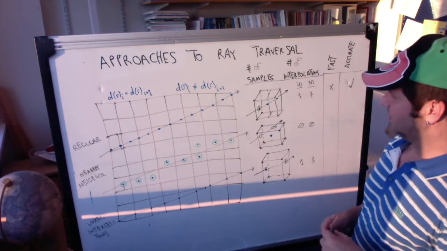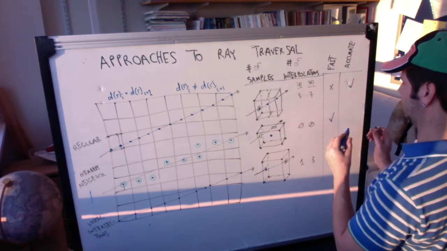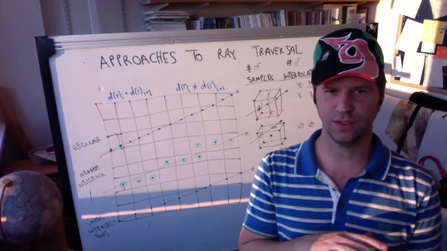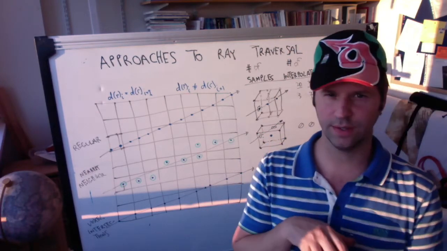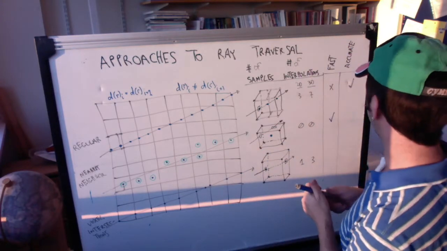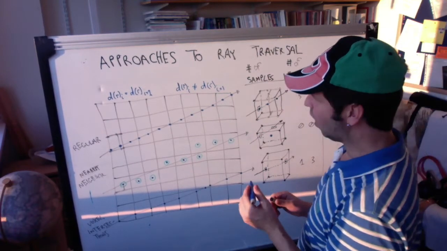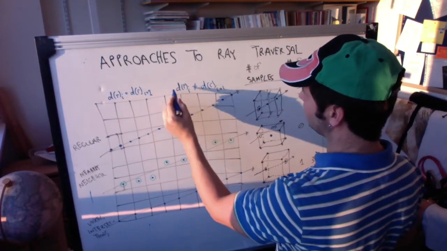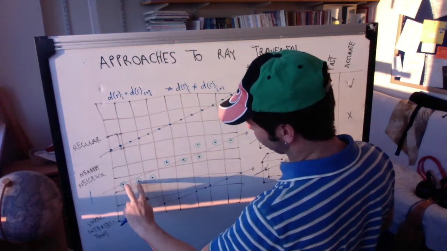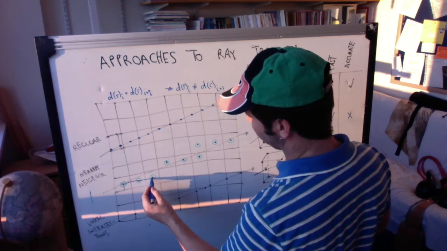Is that fast? Yes, this one is fast, because it requires 0 interpolations, and interpolations are costly, right? They require computation. Is it accurate? No, it's not accurate. Why is that? It's because of this case here. The distance between samples is not uniform.